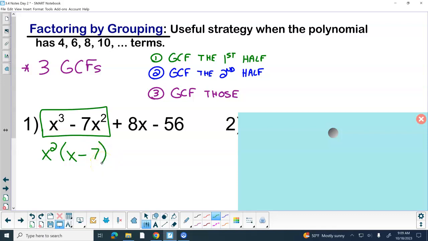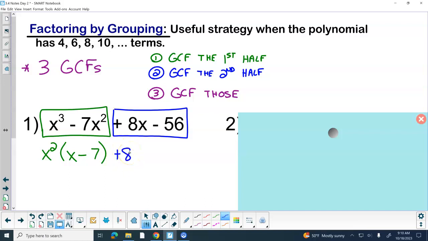With me on that. Okay. Step 2 says I need to GCF the second half of the original. Greatest common factor, 8. Okay. Positive or negative? Positive.